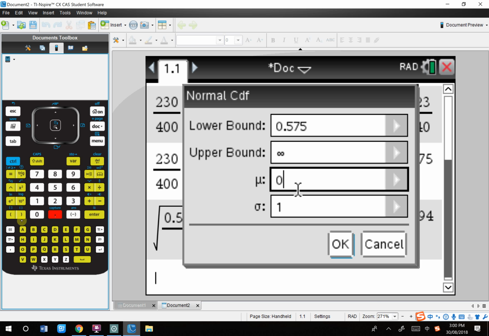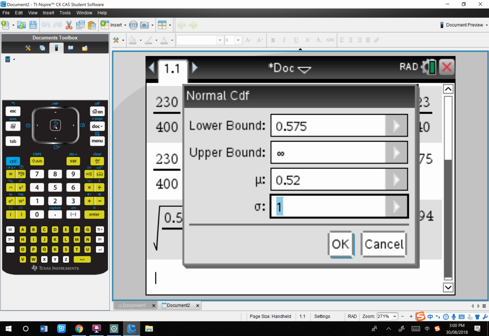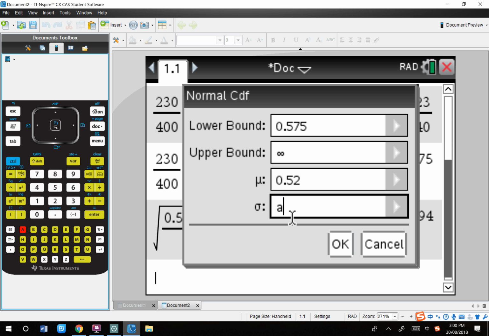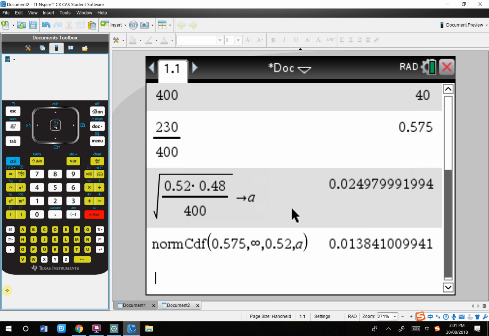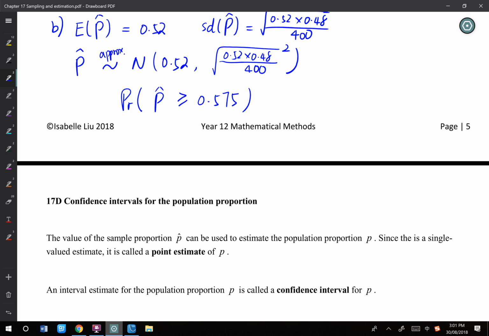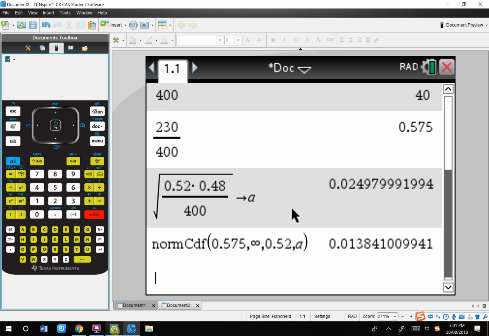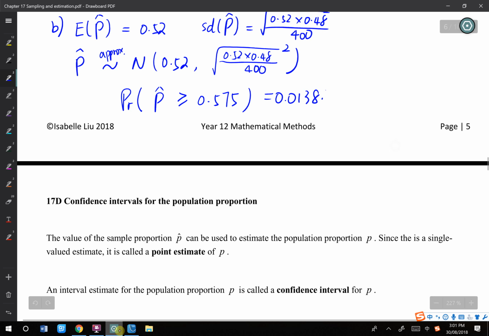Mu is 0.52 and standard deviation is A. Okay, the probability we get is 0.0138.